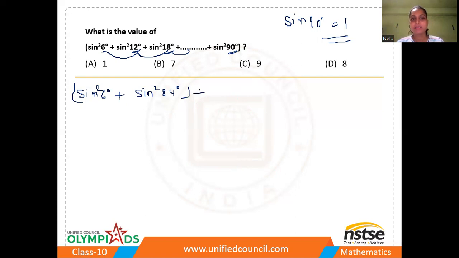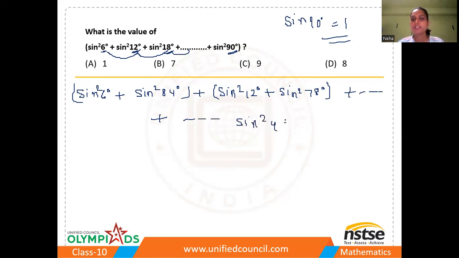Similarly, sin square 12 degree can make a pair with sin square 78 degree because these two numbers sum to 90 degree. Similarly, the next and the next. The last pair will be sin square 42 degree with sin square 48 degree. And at the end we have sin square 90 degree.